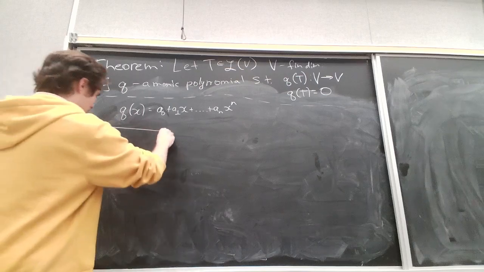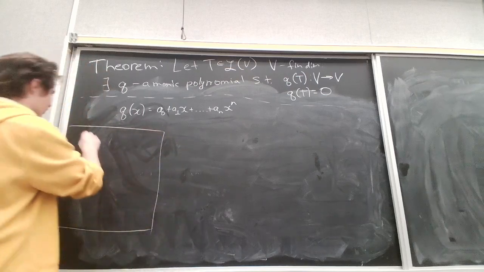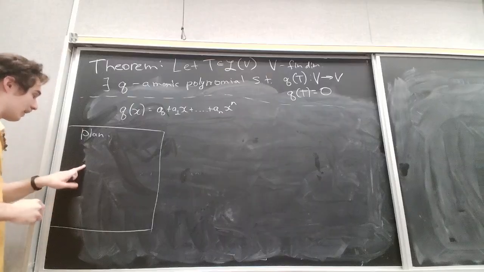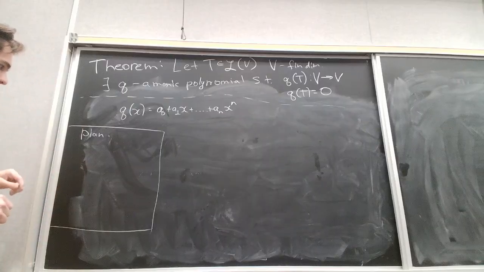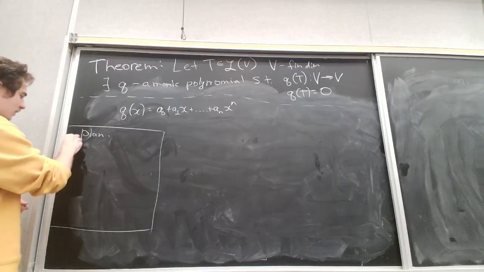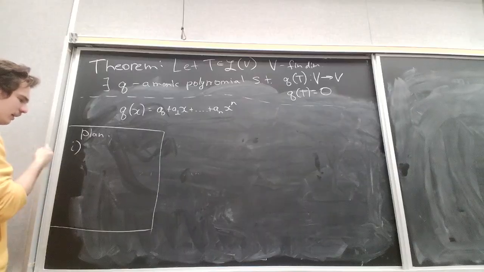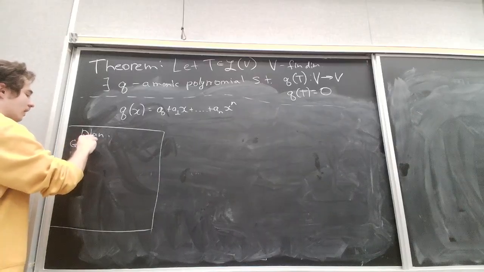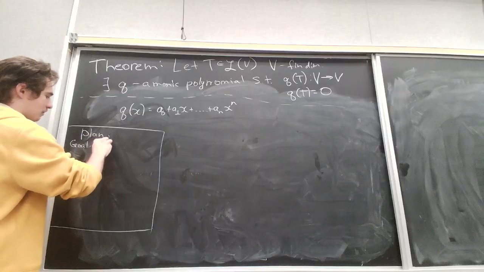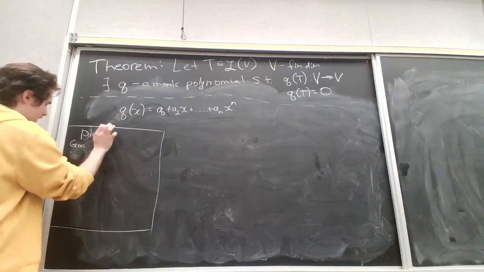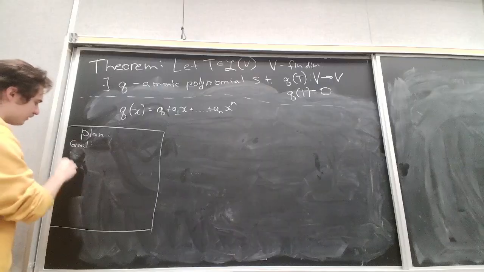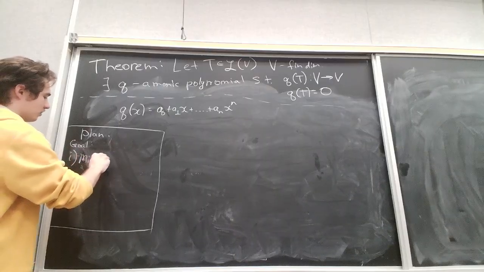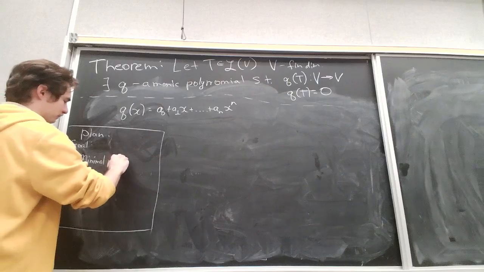But the idea of what we want to do, this is something we'll prove later, but this is the goal. It turns out that we're going to define this thing called the minimal polynomial and show that it exists.